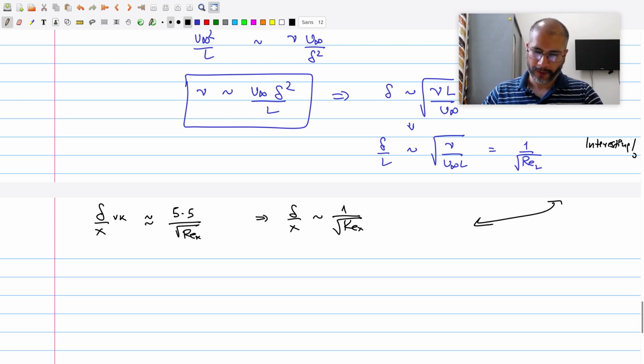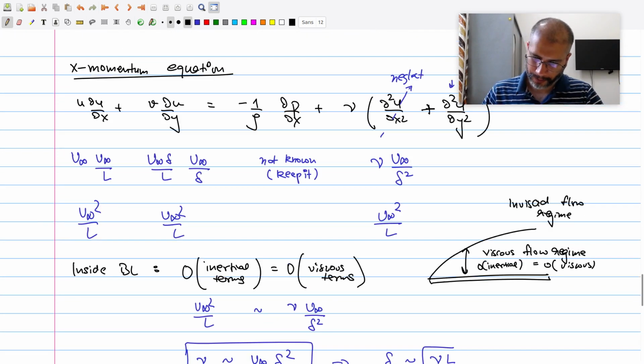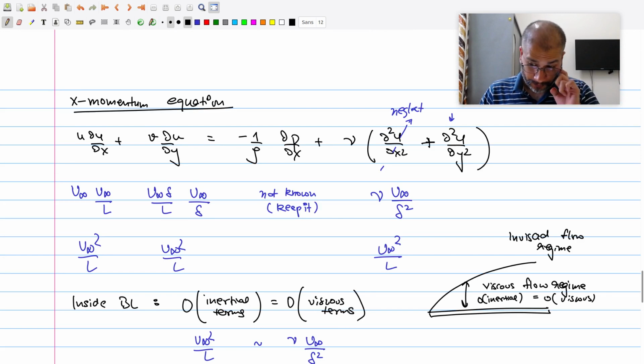Now, what is the order of del P by del X? Let's see. Since this equation had 4 terms, and terms number 1, 2 and 4 all have the same order, that means term number 3 has to have the same order as the others. If something is equal to something, then both their orders have to be the same.